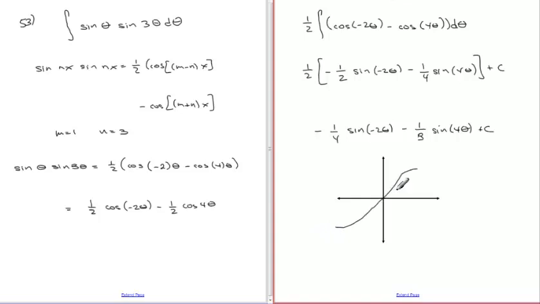This is odd because f of -x is negative f of x.